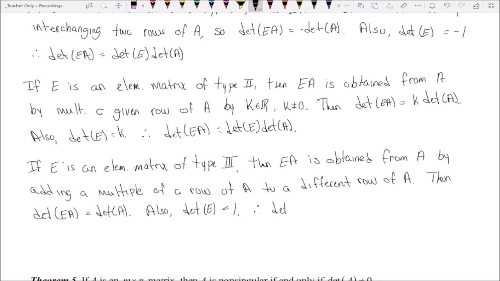Therefore, the determinant of EA is once again determinant of E times determinant of A. And so the proof is complete.